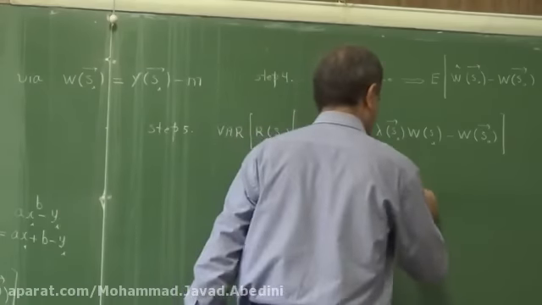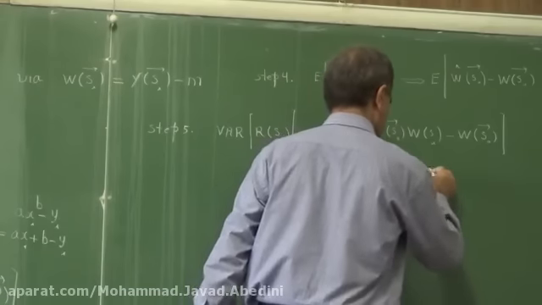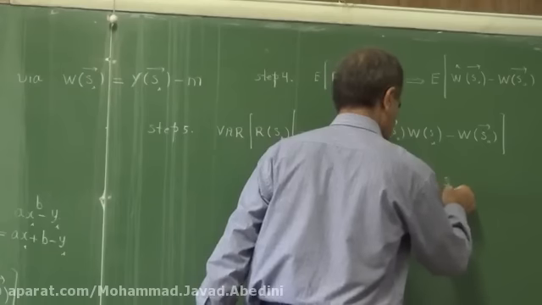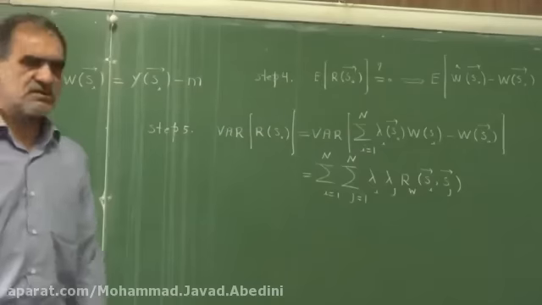R of W S I S J. That is the variance of the first step.